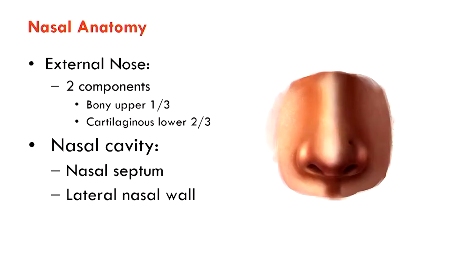So for simplicity, I'll separate the nose into the external and the internal components. The external nose has two components, which I'll go into, and the nasal cavity, I'll separate them into the nasal septum, which is in the midline, and the lateral nasal wall, which sits on the outside.